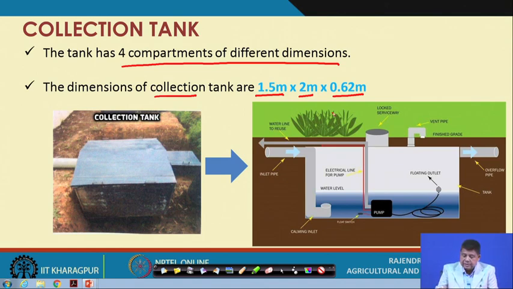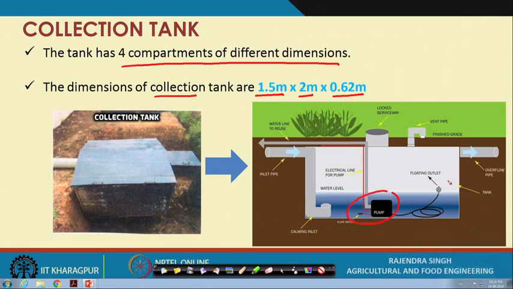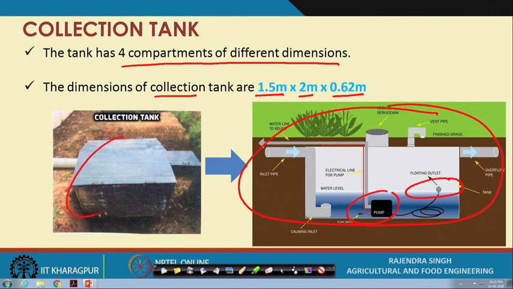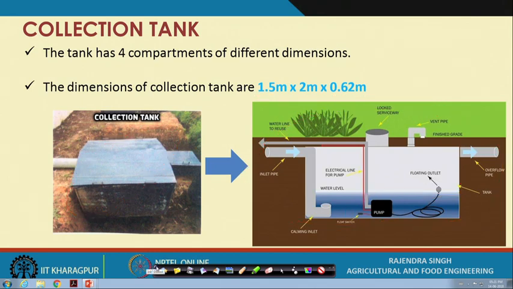They could have certain provisions for pumping water out, they could have a floating chamber, that is a float which can automatically record the water level, and so on. So, these variations are possible in these collection tanks and in what the 4 compartments are about.